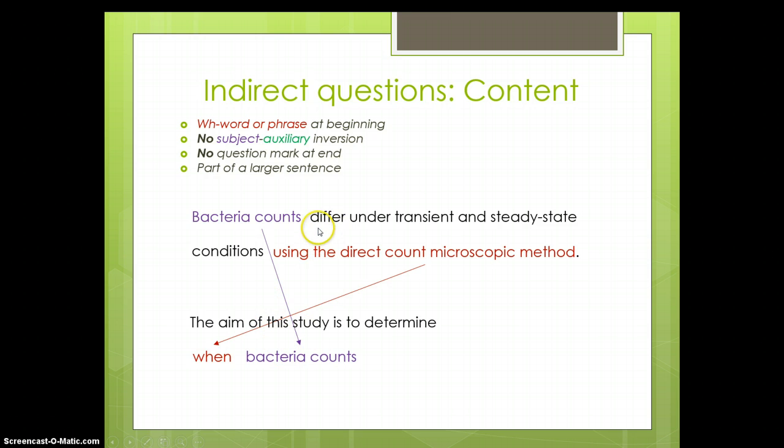Auxiliary, no inversion, and in fact there's no auxiliary verb at all here. If this were a direct question, we would have to supply our own auxiliary, do, but because it's indirect, don't do that. The only reason you would put a do is in order to do the inversion, but there is no inversion here, so you just bring the entire rest of the sentence down unchanged.